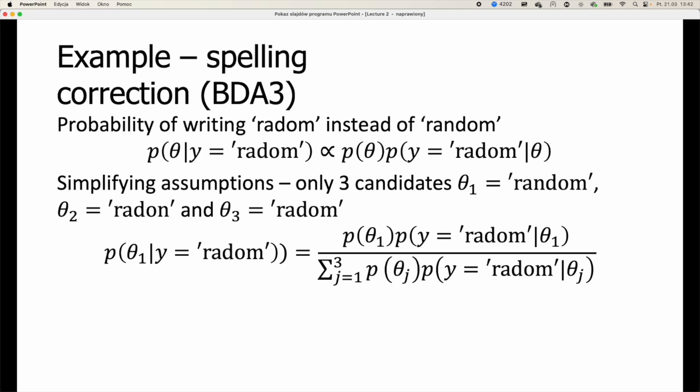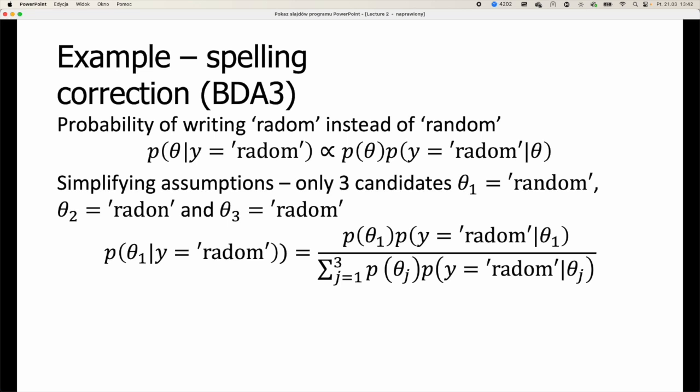Let us assume that there are three possible words that we could use here. It could be random, what we wanted, radon, which is an element, and radom, which the authors of the example didn't know is a city. But they used it as a typical random word.